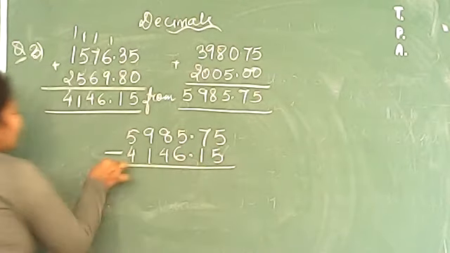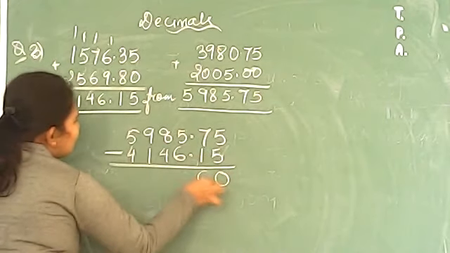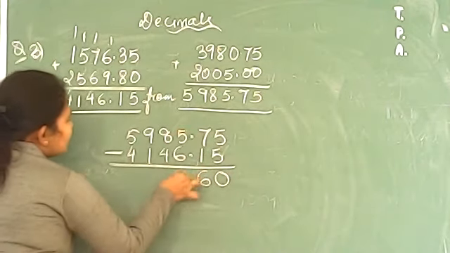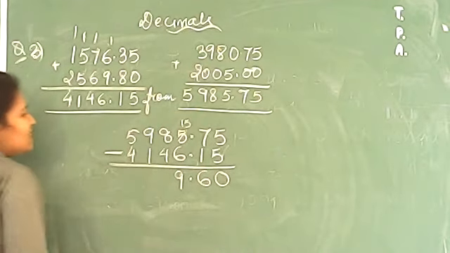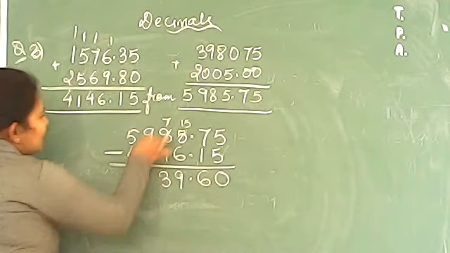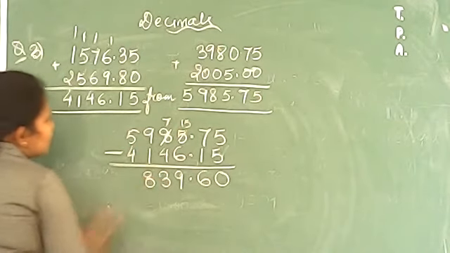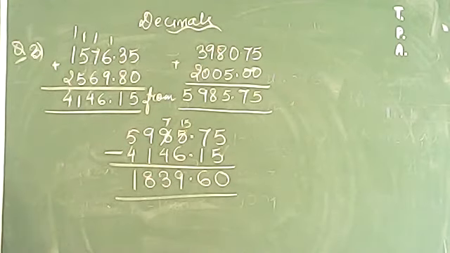So now simply take this, 5 minus 5 is 0, 7 minus 1 is 6, 5 minus 6 we borrow, that is 15 minus 6 is 9. Now this is 7, 7 minus 4 is 3, 9 minus 1 is 8, 5 minus 4 is 1. So the answer would be 1839.60. This will be the answer for this particular question.